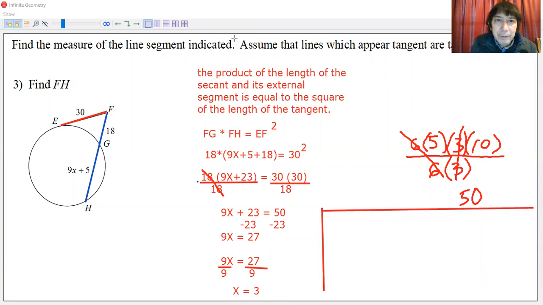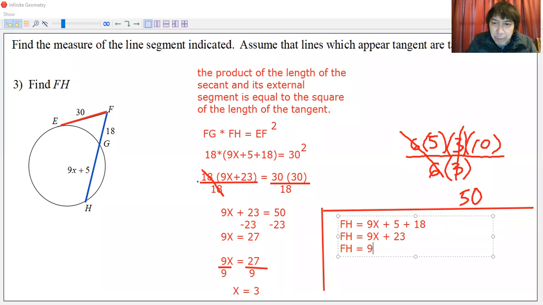FH is equivalent to what expression? FH is 9x plus 5 plus the 18, which is actually equal to 9x plus 23. And so we will make use of the x now.